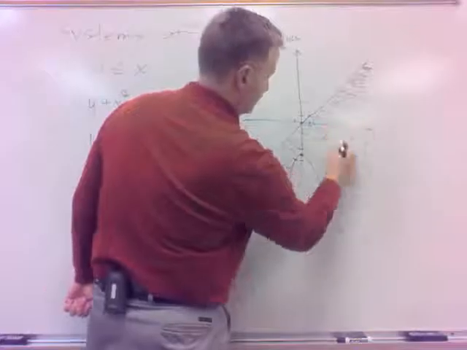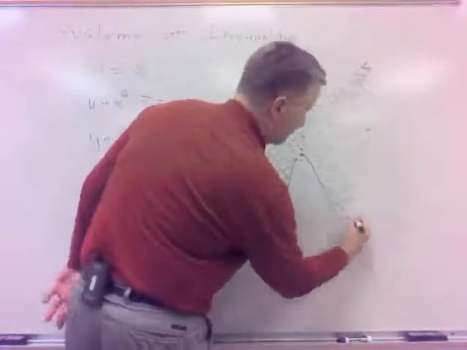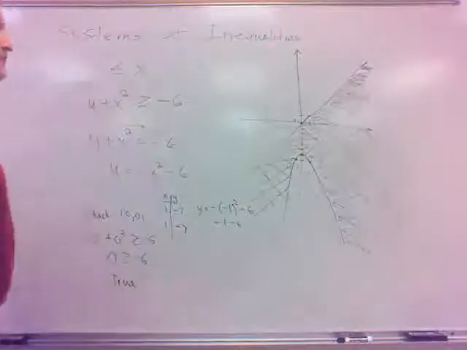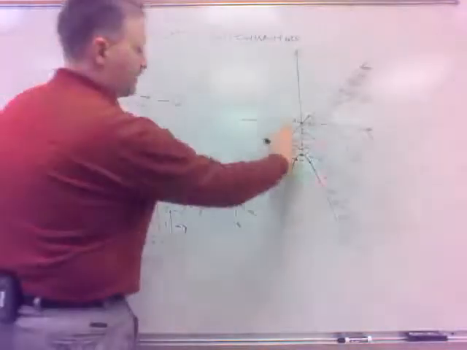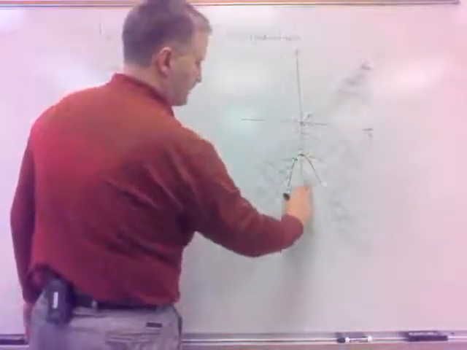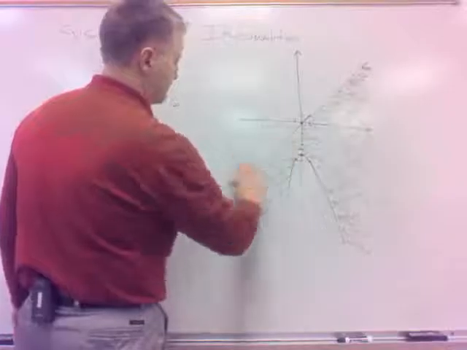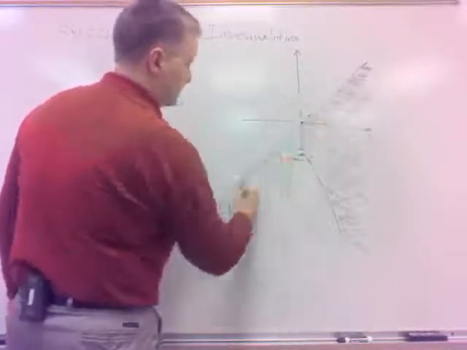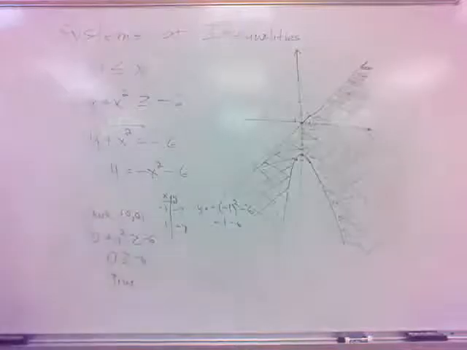So it's all that, just up to that parabola, though. Right? This part is below the line, but it's inside the parabola, so it's out. This side's outside of the parabola, but it's not below the line, so it's just really all that. Okay?